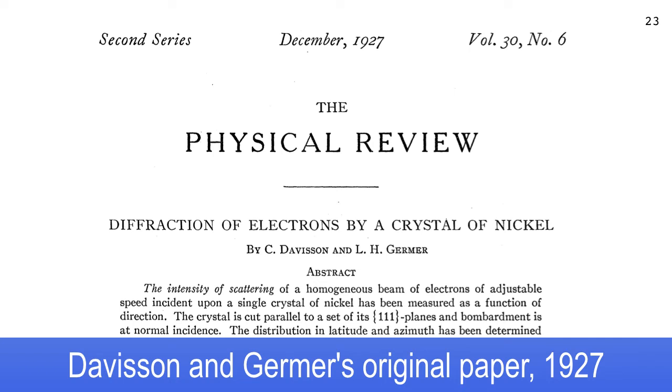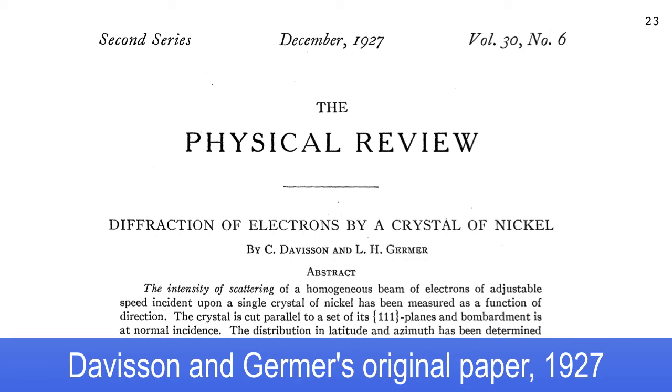Adjustable speed incident upon a single crystal of nickel. Adjustable speed means adjustable momentum, right? But look at the words they use, intensity of scattering. See, they were thinking of it as a ricochet, a particle going in and getting deflected by something. But it wasn't. It was diffraction, all right?